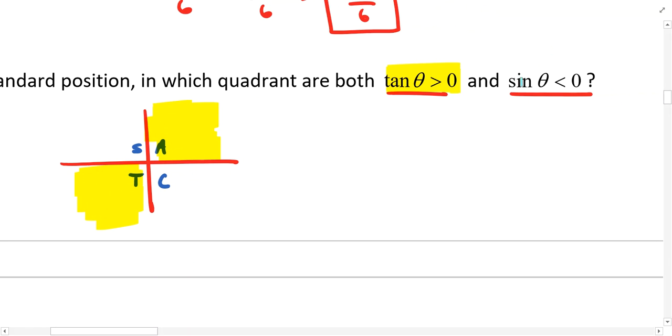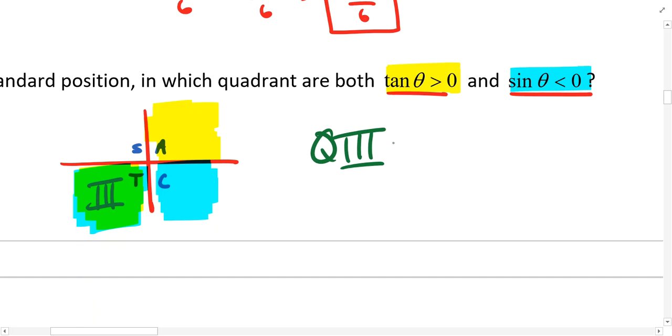When we consider the sine function, sine is positive in quadrant 1 and quadrant 2, but this question is asking about where sine is negative. So if it's positive in 1 and 2, then it must be negative in 4 and 3, and the only quadrant that is highlighted by both of those conditions is quadrant number 3.